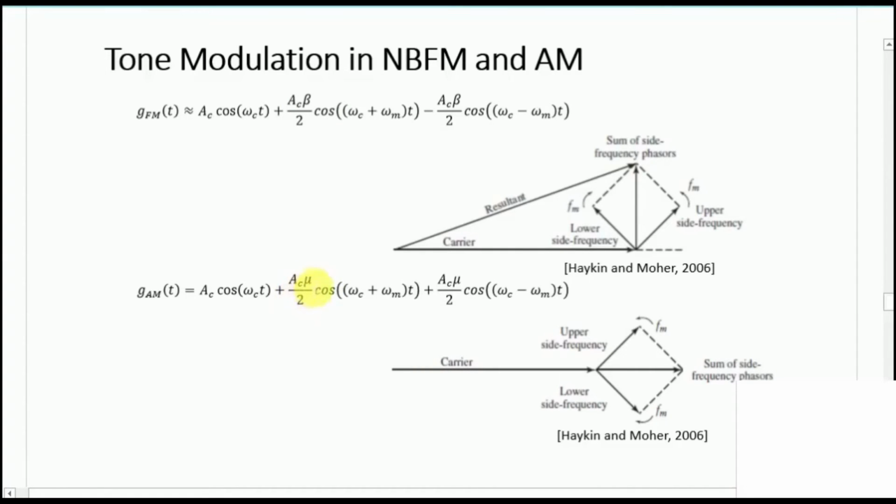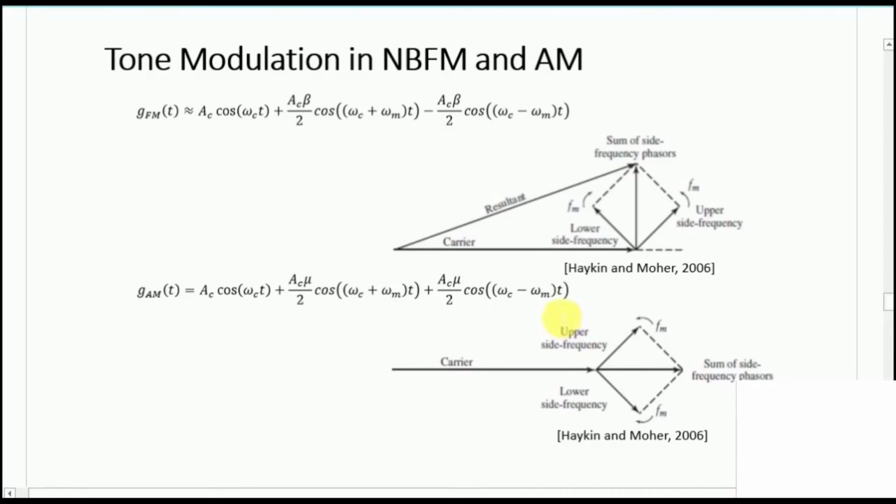This is AC mu by 2 cos (omega c plus omega m)t. So again, this is similar, but we have a change of sign, minus in FM and plus in AM, for the lower sideband.